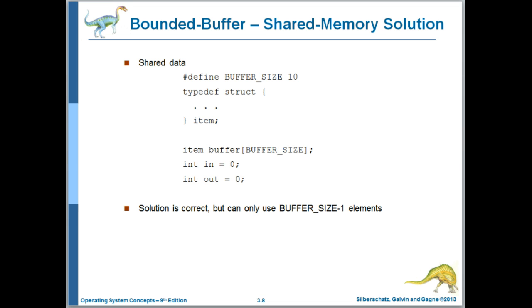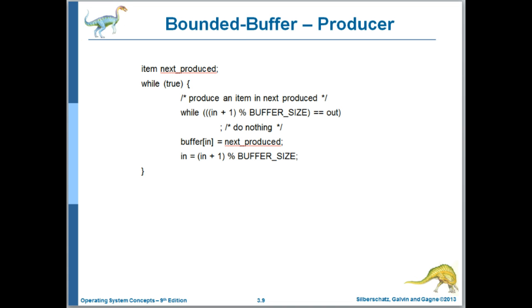So note that buffer, in, and out are shared global variables. So here we see the solution for the producer. In is an index into the buffer array of the next empty buffer, the next buffer to be filled. The condition in the while loop there is meant to distinguish between the buffer array being completely full and the buffer array being completely empty.